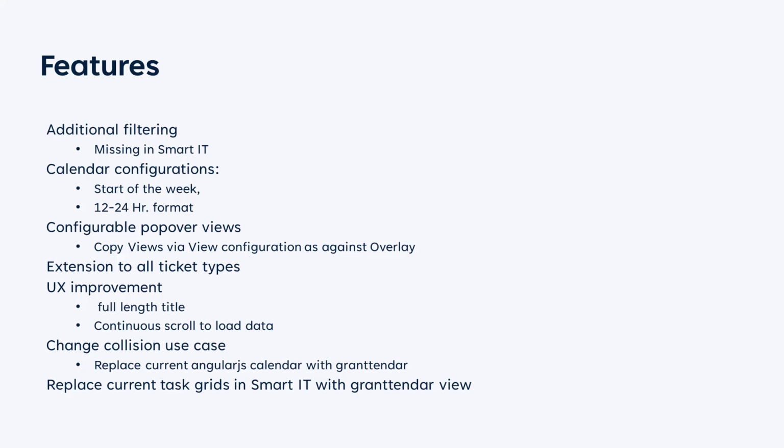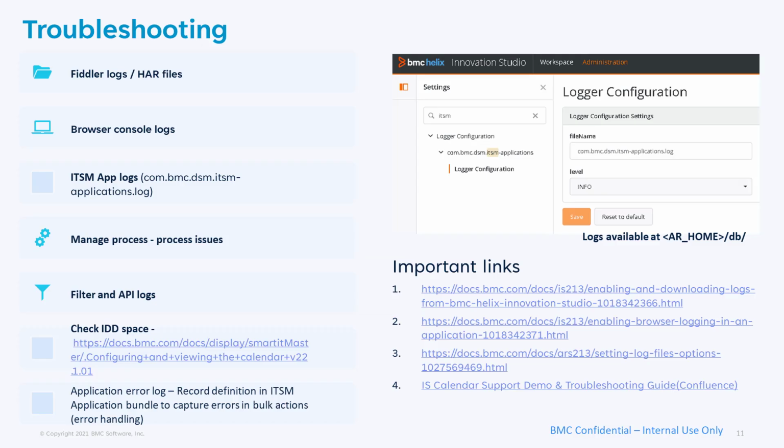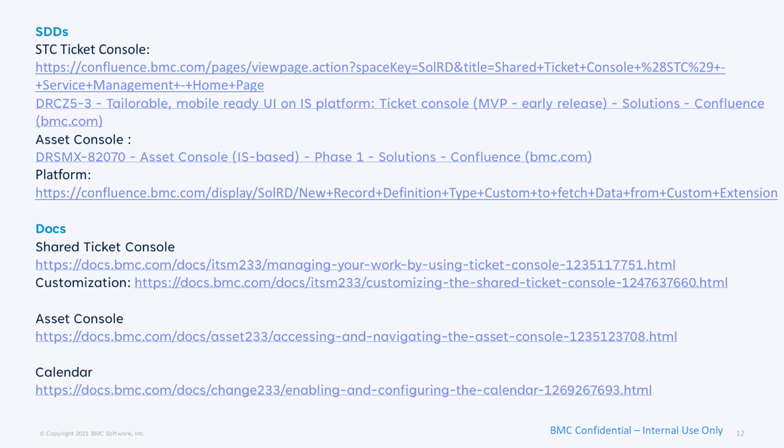So one of the main things now I want to concentrate on is the troubleshooting part, because when someone reaches out to support, the first thing that you should definitely do is go to our docs and SDs to get a deeper understanding of all these features.